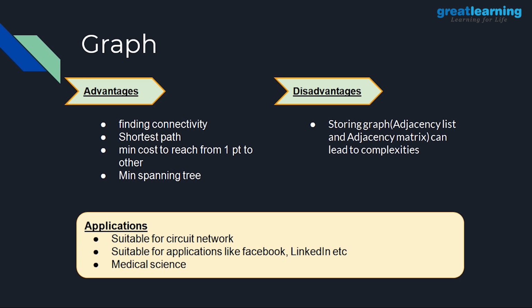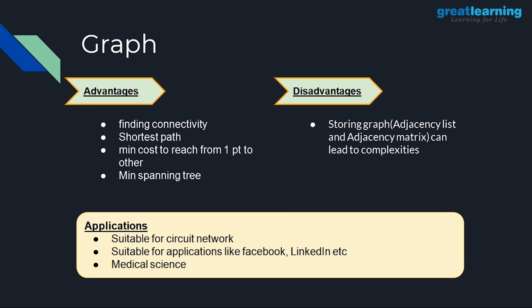Okay, now let's talk about disadvantages. Basically, when we are trying to implement adjacency lists and adjacency matrices, they can lead to complexities, because in an adjacency list we are using the concept of a linked list, and in an adjacency matrix we are using the concept of a 2D array. In this session we are going to deal with adjacency lists, but I will tell you how to make an adjacency matrix.